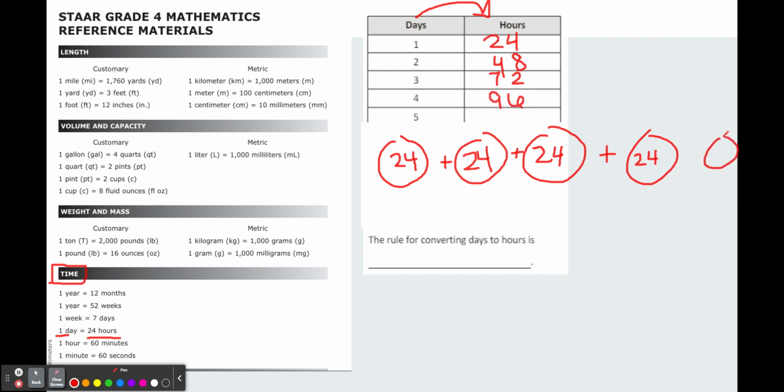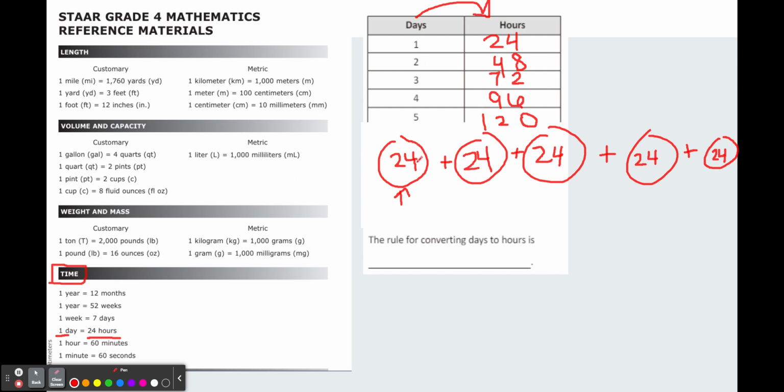If I have 5 days, because that's another 24 hours, that is going to give me 120 hours. So let's look at what my rule could be. If I have 1 day, that's going to give me 24 hours. Now I'm seeing that I'm adding 24 over and over again. So it's repeated addition, which is the same as multiplication.